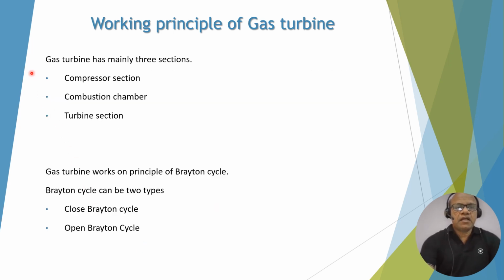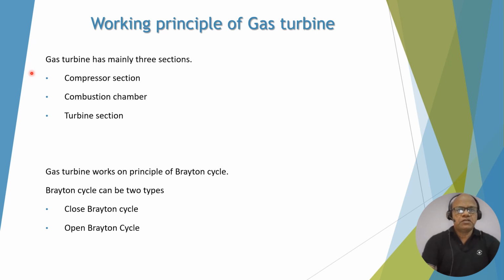Now, gas turbine has mainly three sections. One is compression section. Normally, axial compressors are used where the pressure of air or gas has to be increased by the compression, which is driven by gas turbine itself. Then another section is a gas combustion chamber where the high pressure gas mixes with fuel and burns.